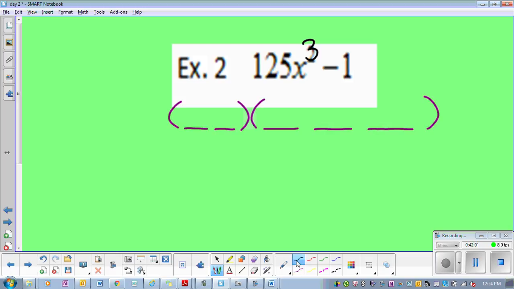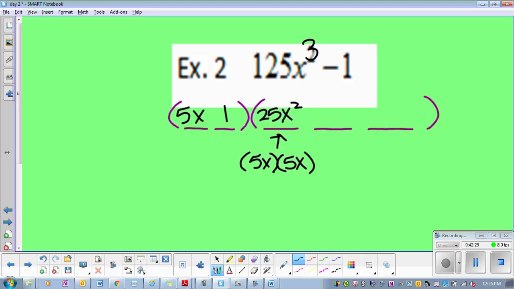What is the cube root of 125x cubed? 5x. What's the cube root of 1? 1. What goes in the first? It's 5x squared. That means it's 5x times 5x, which is what? 25x squared.